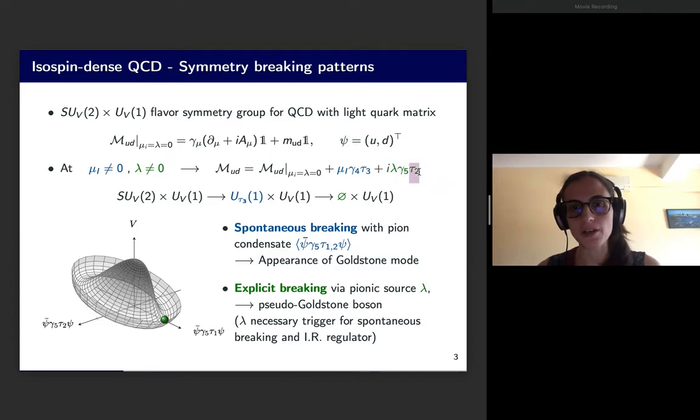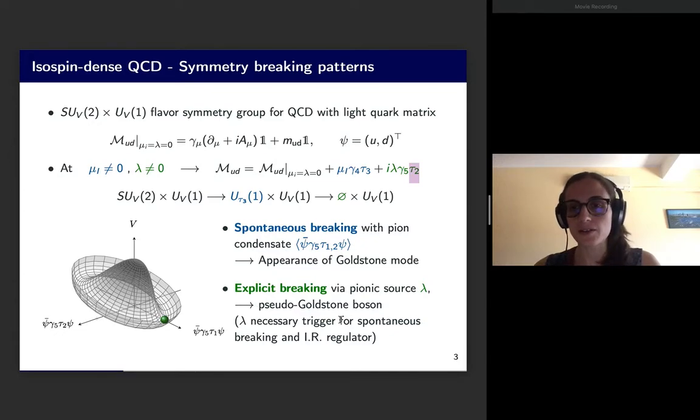Remember, these are the Pauli matrices, so there is some combination of I factors over here. What is this term doing? This term is explicitly breaking the symmetry further down to the empty set times U(1). So we have really broken down the symmetry completely via this explicit breaking through the pionic source lambda.